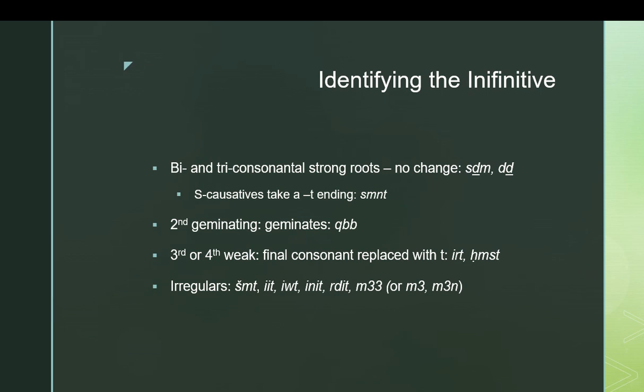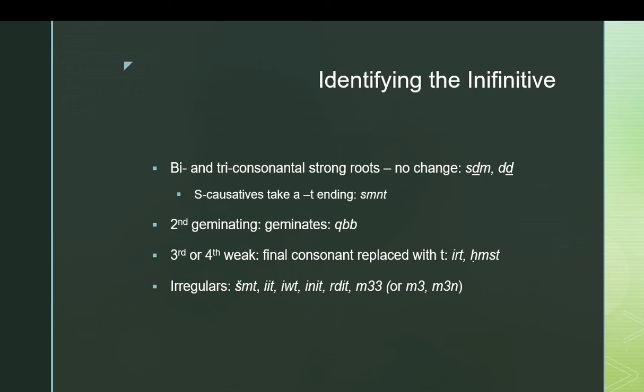The infinitive is differentiated in certain forms of the root from other verbal forms in that it isn't always strictly the dictionary form. This is quite helpful, as it makes it easier to identify for some verbs. Now, it's no help for the bi- and triconsonantal strong roots or for the second geminating. They are their dictionary forms: sejem, jed, kabeb. There are a couple exceptions.